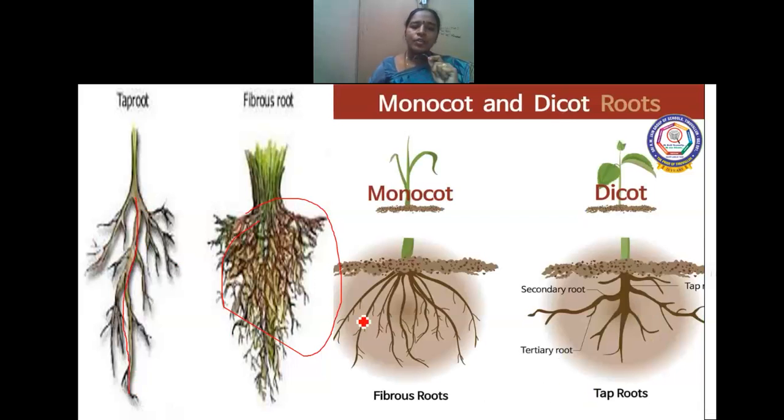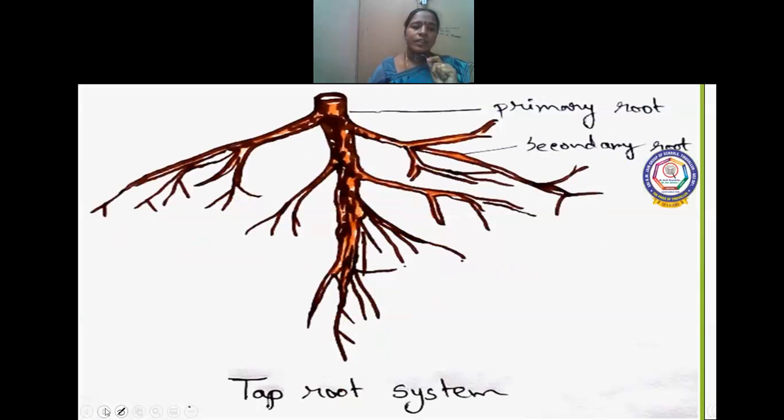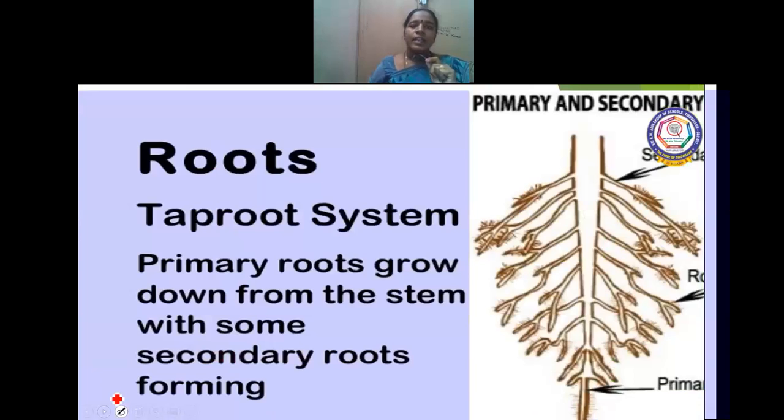Tap root has secondary root, tertiary root, and primary root. In the taproot system, primary roots grow down from the stem with some secondary roots forming.